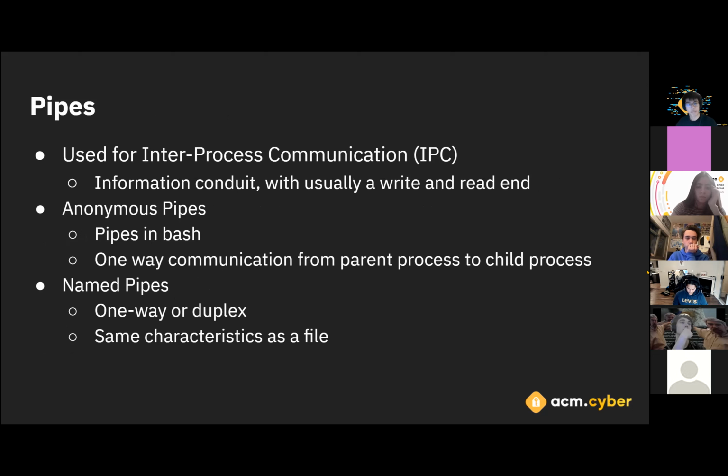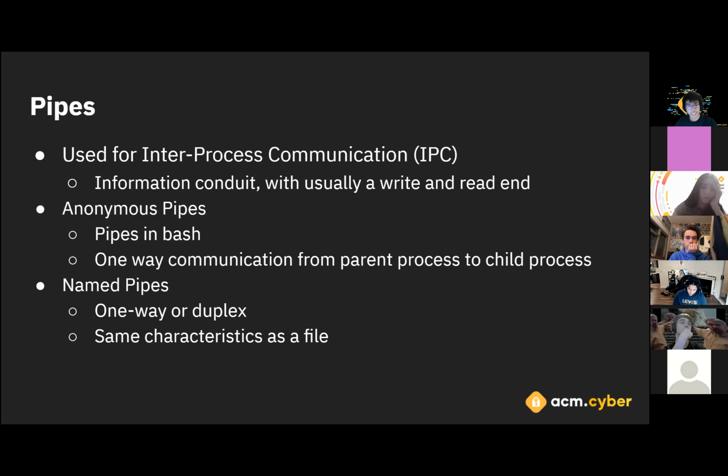Pipes are something you learn a lot more about in CS111, but they are basically used for inter-process communication. You might be familiar with it in Bash, where you have the vertical bar symbol, and you can pipe one program's output to another program. This is an example of a pipe, a one-way communication.